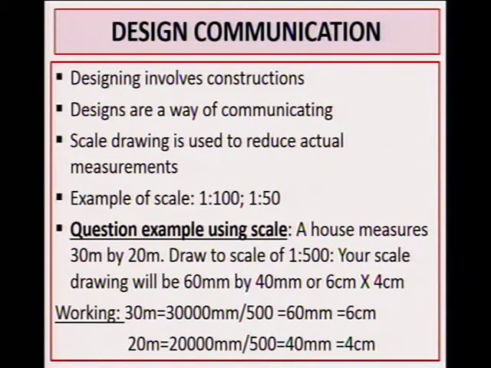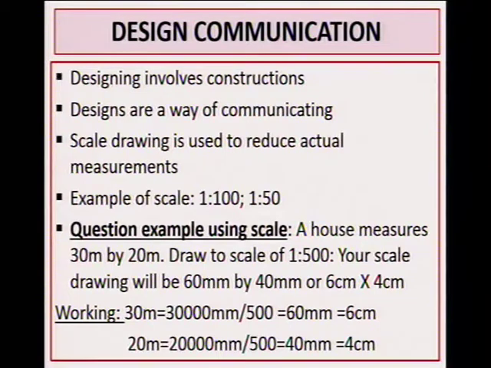First, you need to convert 30 meters to millimeters. So you need to know your units of measure. 30 meters to millimeters, you can change them first to centimeters. You get 3,000 centimeters. Then you again change them to millimeters.